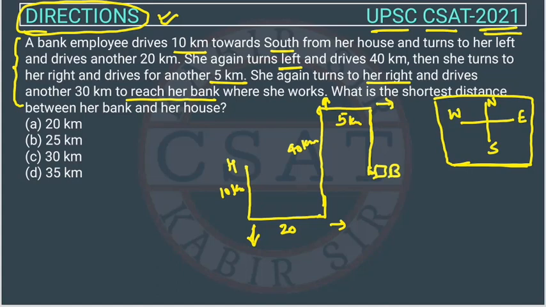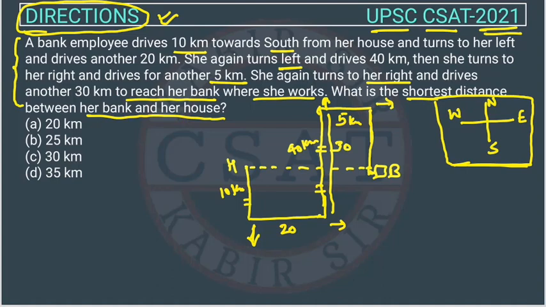Where she works. What is the shortest distance between her bank and her house? The shortest distance will be this dotted line. Now we have to calculate this one. The total distance from here till here is 40. This will be 10, and this will be 30.